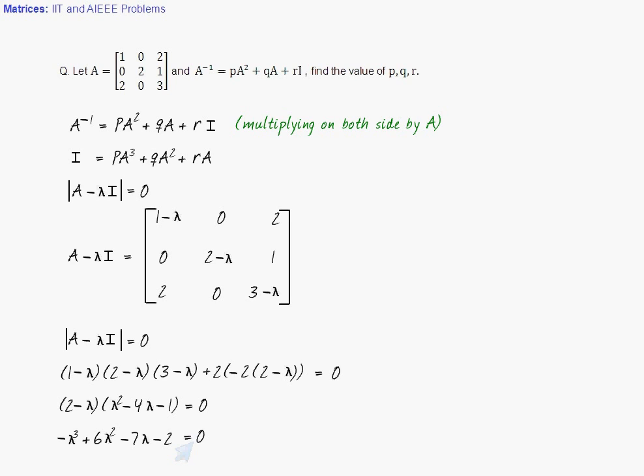If I take a negative sign common, I can write this as lambda cube minus 6 lambda square plus 7 lambda equal to minus 2. Of course, the 2 goes on the right hand side and it becomes minus 2. So this is my first relation.